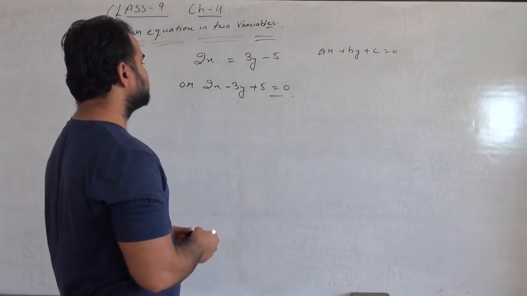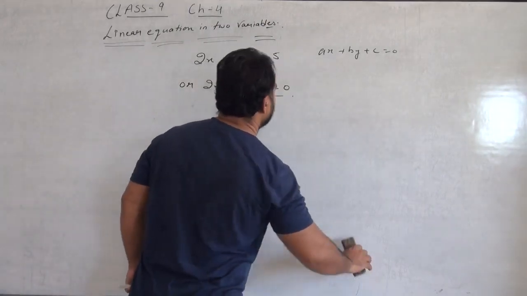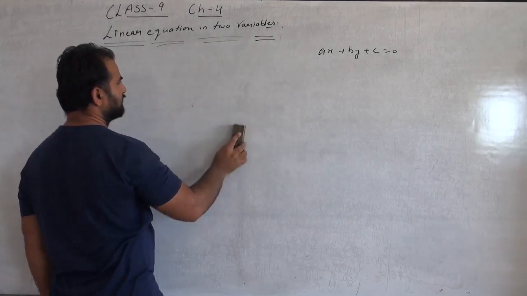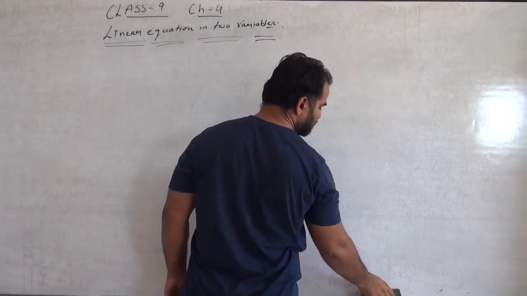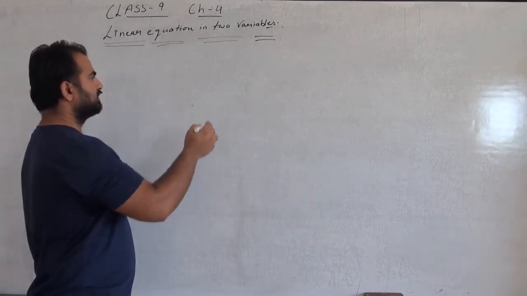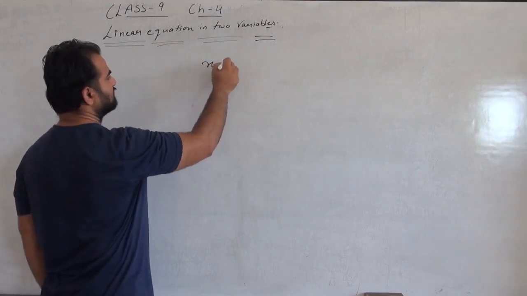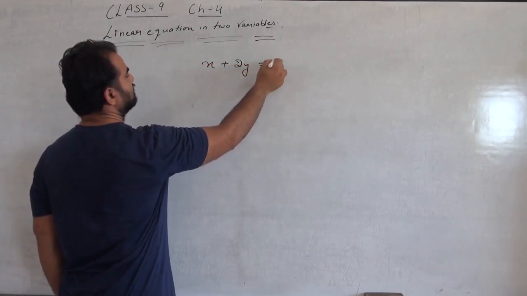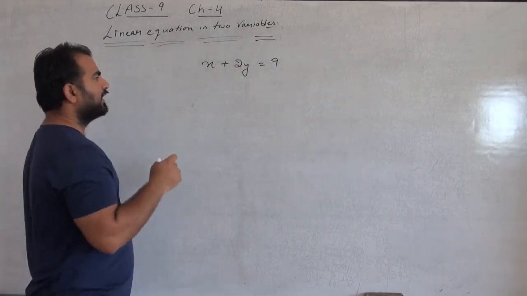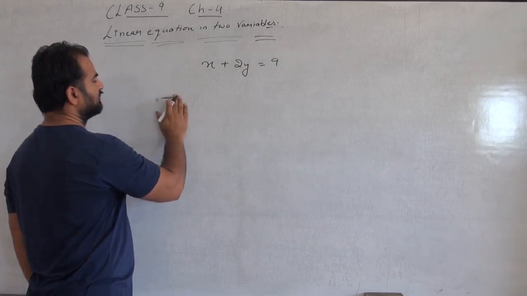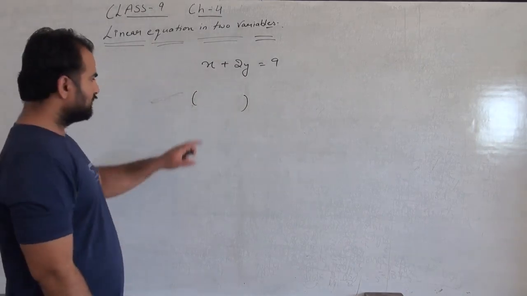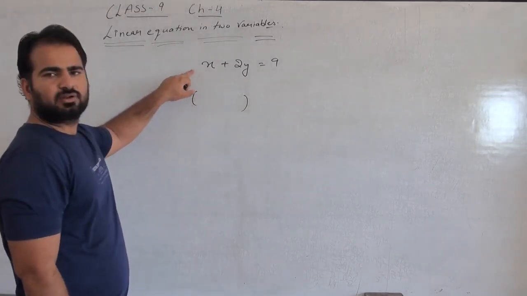This will be our final answer. Next is how to satisfy an equation. Like we are given the value of x and y. What we have to do is just check whether it satisfies the equation or not. Like an equation is given, x plus 2y equals to 9. We have to check whether this point satisfies this or not.